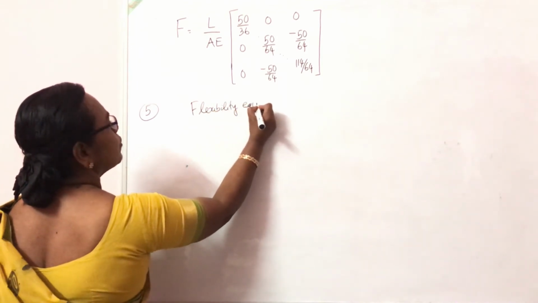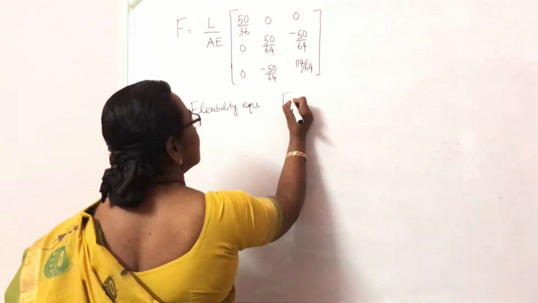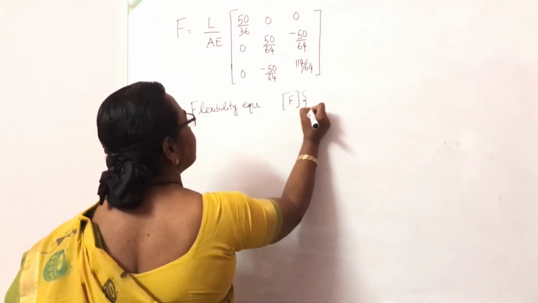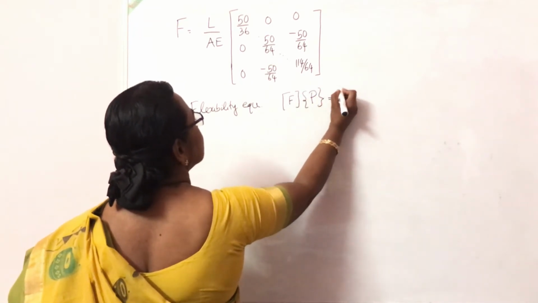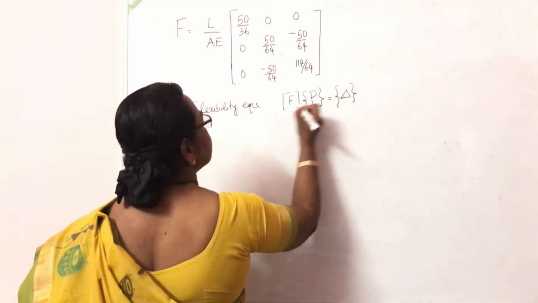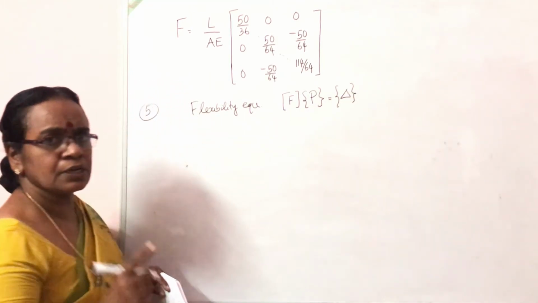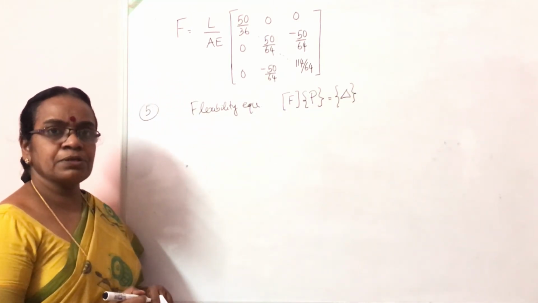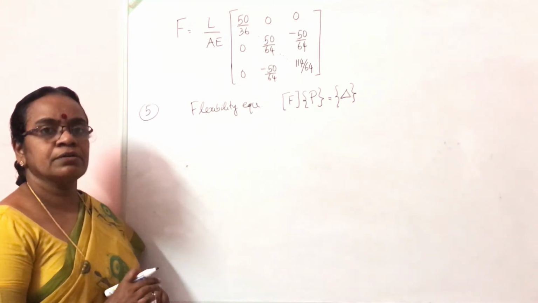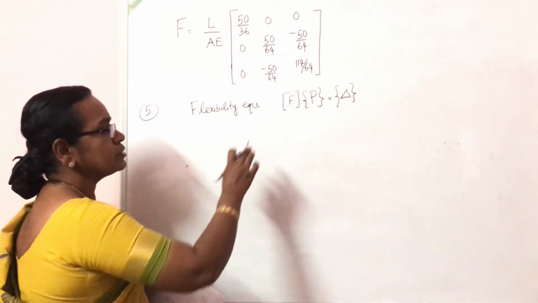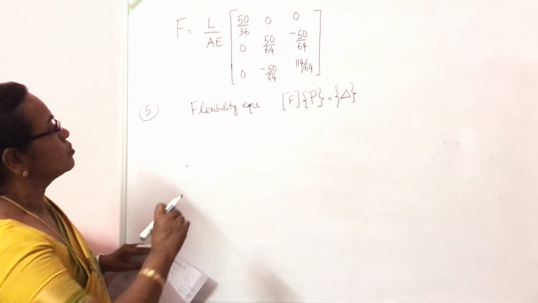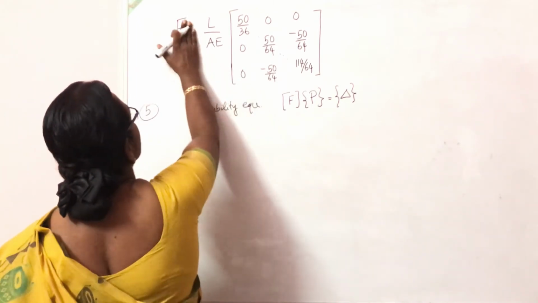The flexibility equation is F into P is equal to delta. This also we have derived from the constant deformation method in the introduction video. So what is this? This is F. I will write it here itself.